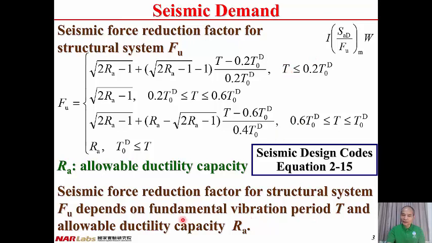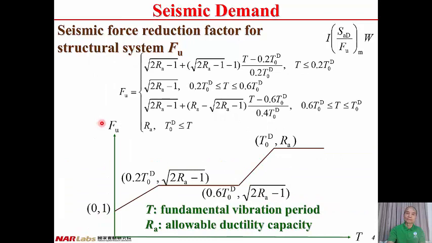Another parameter is the allowable ductility capacity, RA. Therefore, once we have the structural vibration period T and the allowable ductility capacity, from this equation, we can have the seismic reduction factor for structural system, FU, due to ductility.